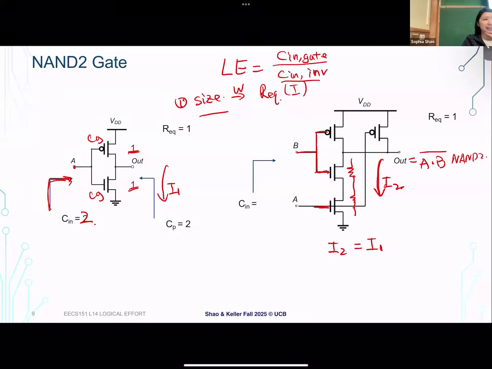Let's say we're only modulating the width. So before, let's say this is 1 here. We look at the pull down path. We want to deliver the same current. So let's say we have RB and RA. Let's say this is 1 and this equivalent resistor is R. So what should RA and RB be?